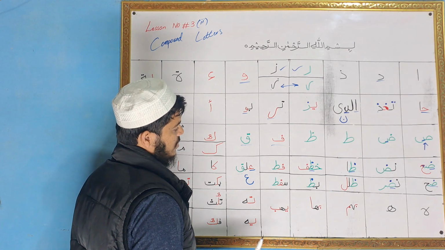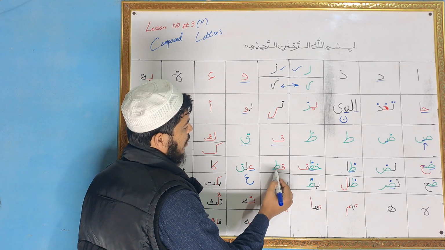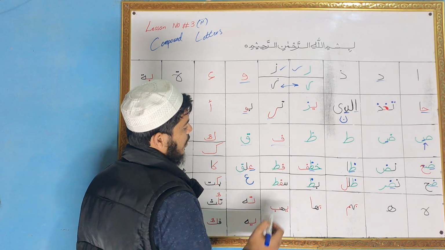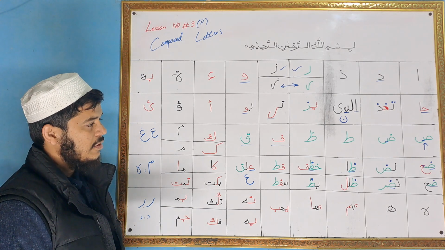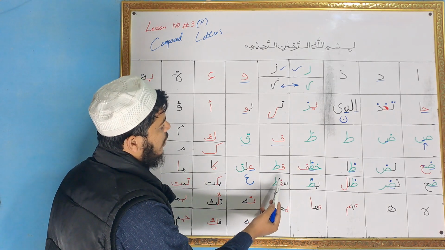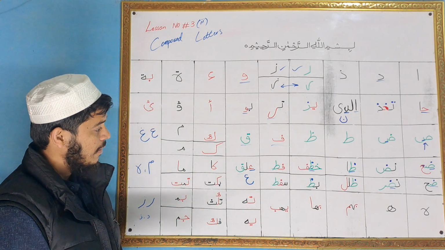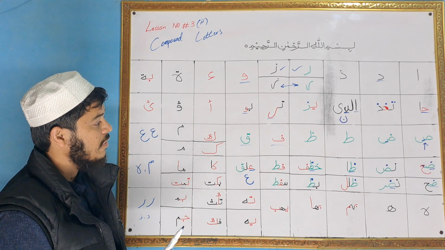Let's first discuss it as a first letter. So this is Fa, Ta. You see one dot is coming, it will be considered Fa. There are a few letters like Kha, Za, Fa, Noon. These letters have one dot on top, but each one has a different shape.